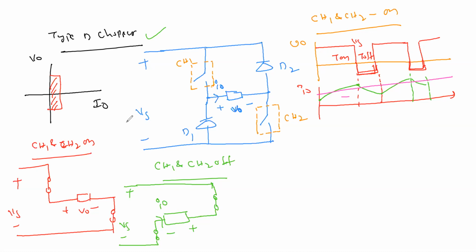Okay. There is something called type P chopper altogether. All quadrants. I'll give the network here now. No need to remember by heart. I'll give that also to you. Please copy this one.